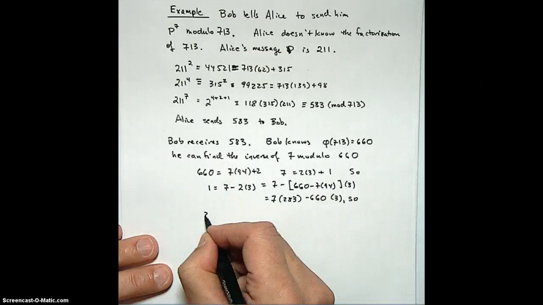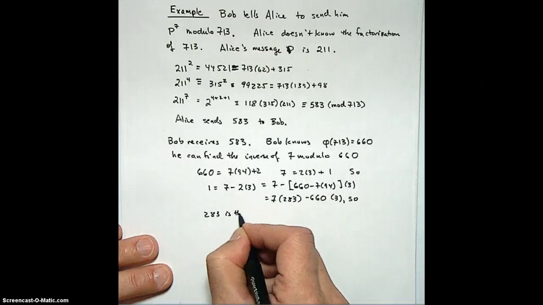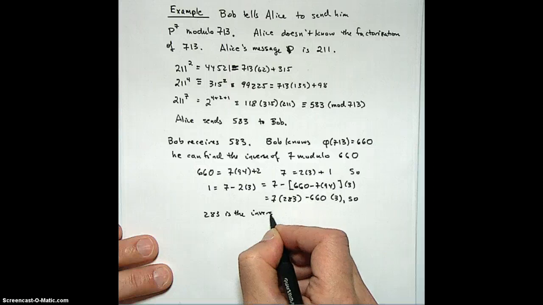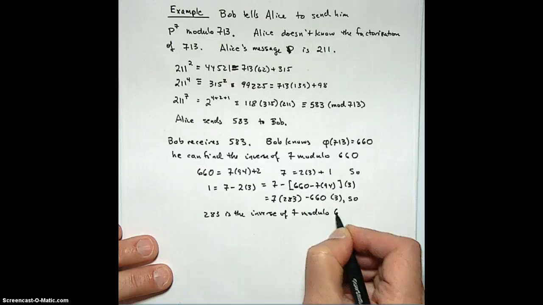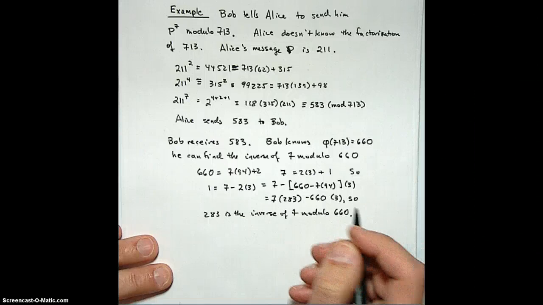So 283 is the inverse of 7 modulo 660. Okay.